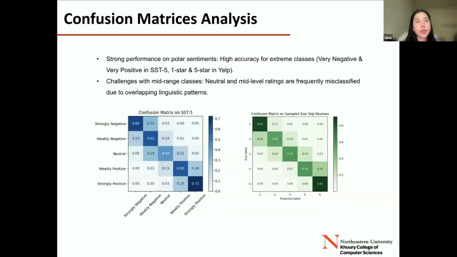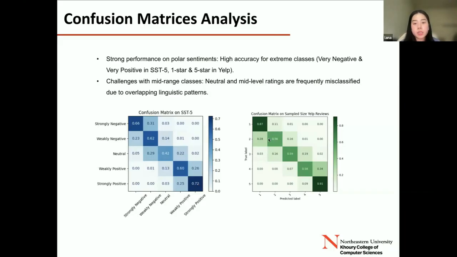And we have some confusion matrix result analysis. So just to compare the difference between both datasets side by side, we can see the model performs well in detecting extreme sentiment classes. In SSC5, it achieves 66% accuracy for strongly negative, and 72% for strongly positive.